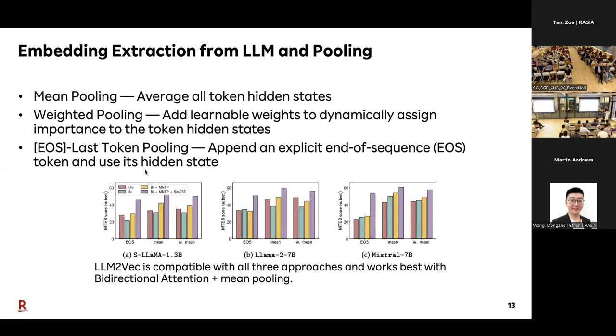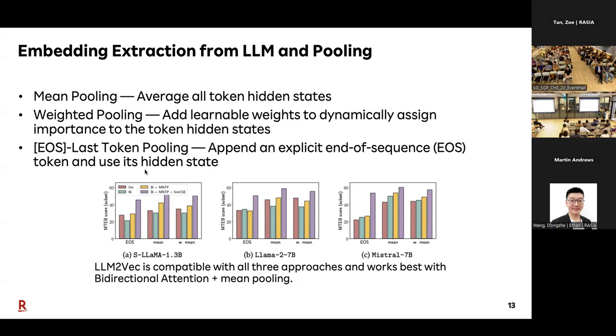And the second method is a little bit more complex: based upon the first mean pooling, for example, we can learn some trainable weights that dynamically assign importance to these tokens, okay? And then in weighted mean pooling, we basically apply this learnable weight to the average of all the token hidden states. And of course, we can also have weighted sum pooling, where we add these learnable weights to assign importance to the sum of these token hidden states, okay?